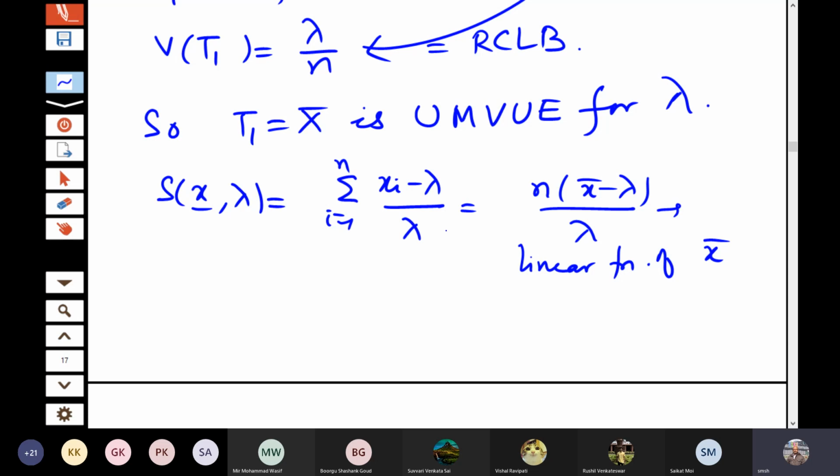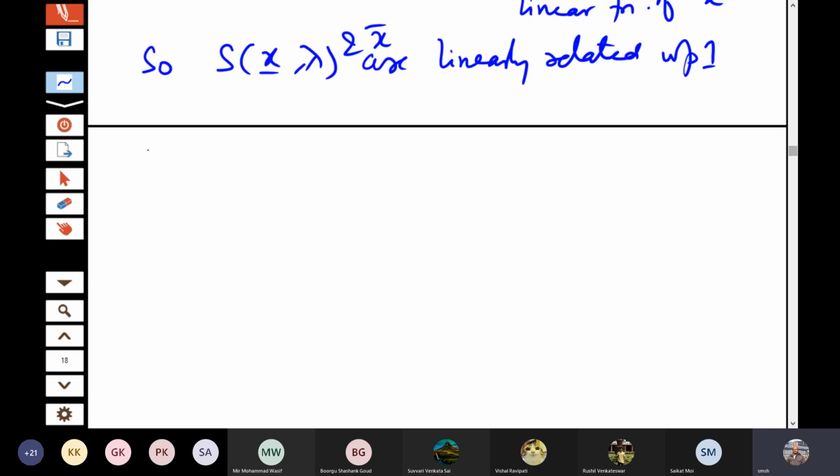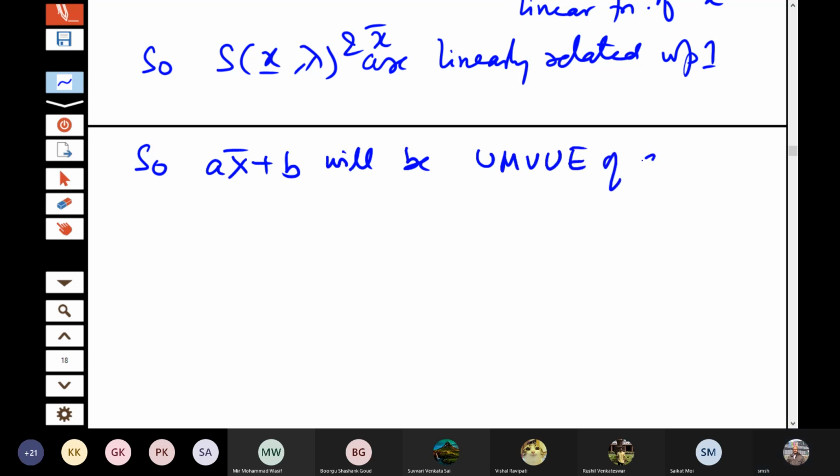So S(x, lambda) and x bar are linearly related with probability 1. So a x bar plus b will be UMVUE of a lambda plus b for all a and b. Okay.